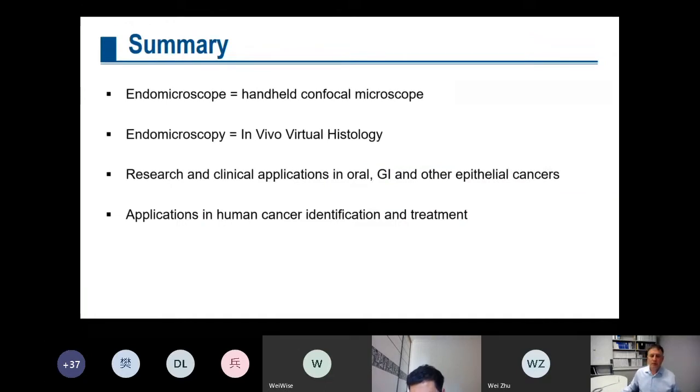So in summary, an endomicroscope is a handheld confocal microscope. It's flexible and simple to use and enables real-time imaging of living tissue and rapid virtual histology. One promising application of this technology is in imaging oral lesions, where it has been shown to be able to identify the difference between normal, dysplastic and cancerous tissue.